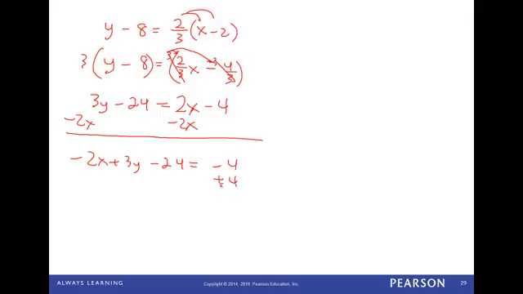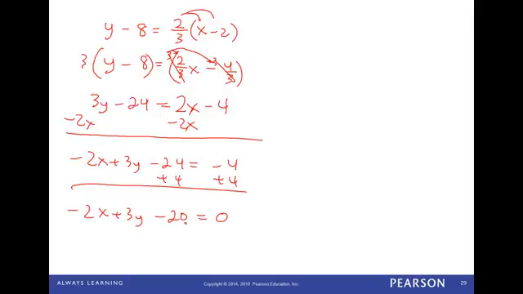Add 4 to both sides. And it looks like the final result is -2x plus 3y minus 20 is equal to 0. The only other thing that tends to happen here is, see this little negative in front?